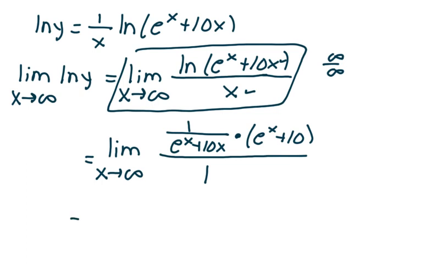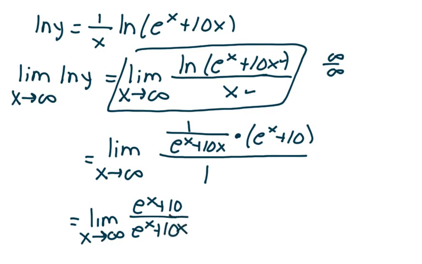Okay? And then this is the limit as x gets big of e to the x plus 10 divided by e to the x plus 10x. Now, we still have indeterminate form of type infinity over infinity, so L'Hopital's rule still applies.